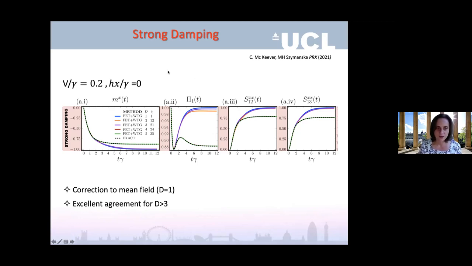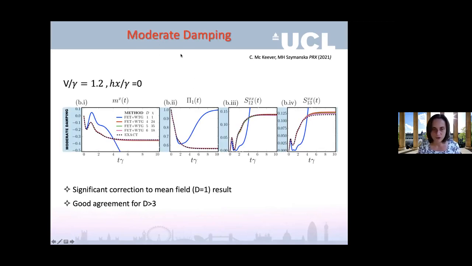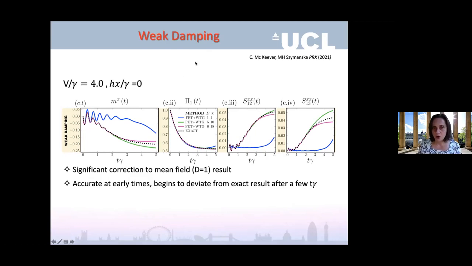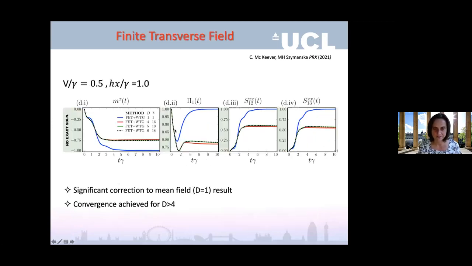We checked that for strong damping, moderate damping, and weak damping. And as expected, of course, weak damping is always the hardest to examine, as the drive and dissipation provide a kind of killing of some of the developing correlations. But even with very weak damping, we're still able to get quantitatively the right results.